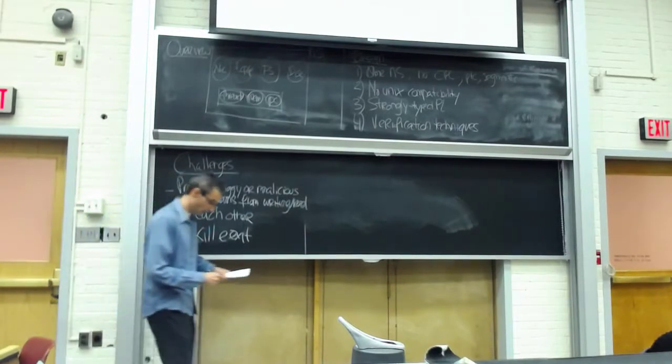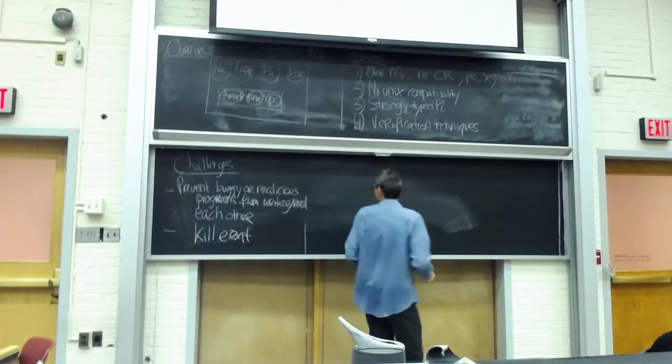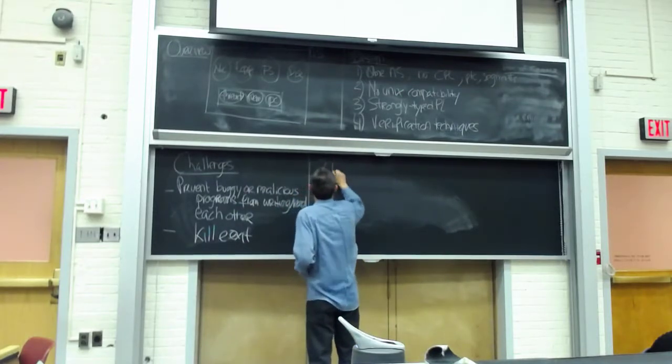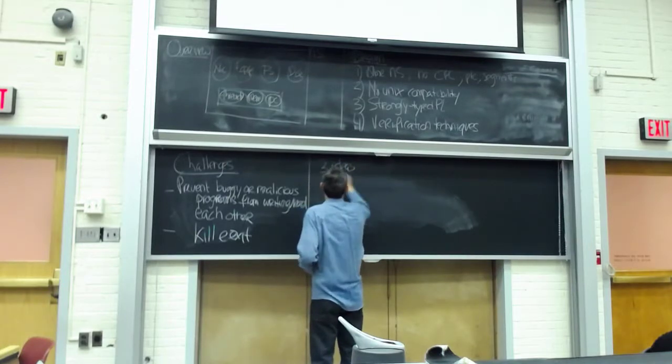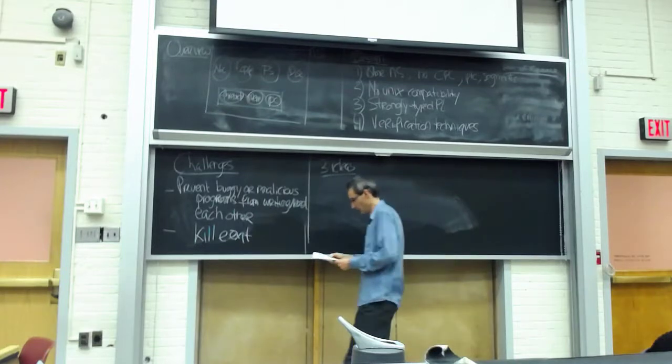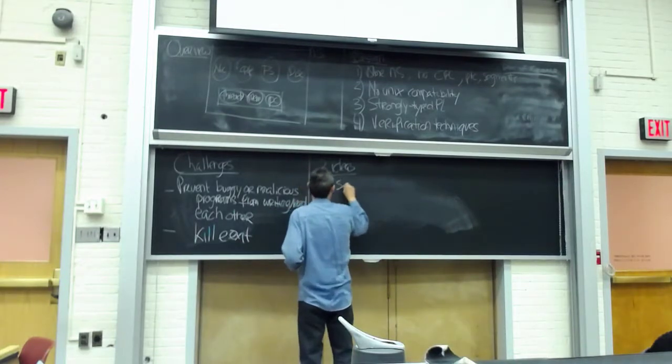Okay, so let's talk a little bit about the three key ideas they have to achieve these challenges. So the three big ideas. There are a lot of little ideas, but first of all is this whole notion of a sealed process.